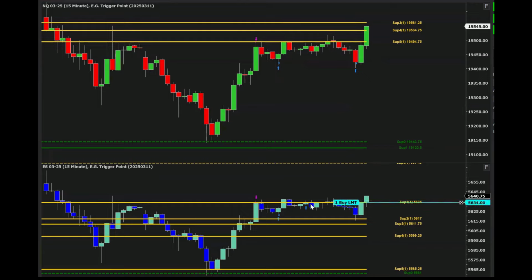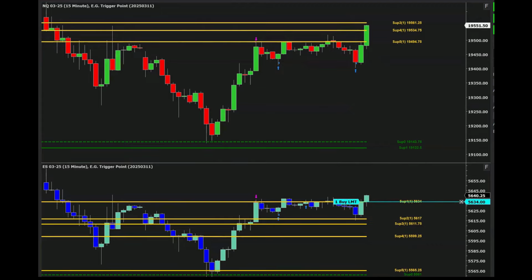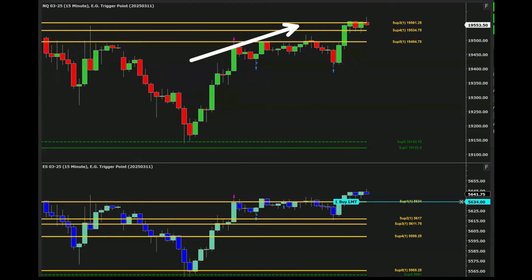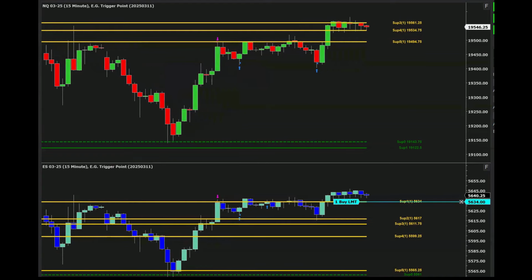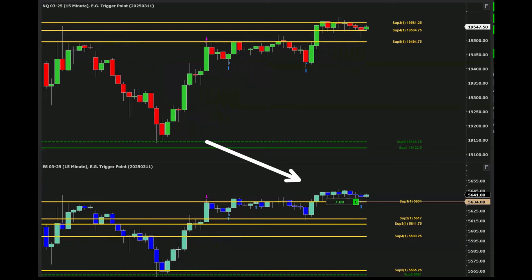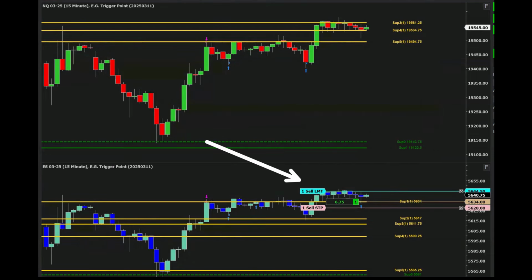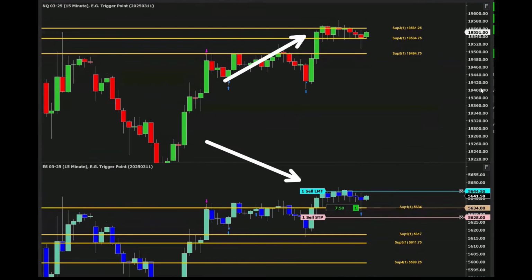So I'm waiting for my limit order to get filled, and I'll probably exit the position at NQ's resistance. Okay, it's a bit confusing, but I'm sure you'll get this point. You see, ES generated an intraday resistance level equivalent to NQ's trigger point resistance, so this was a good profit target to me.